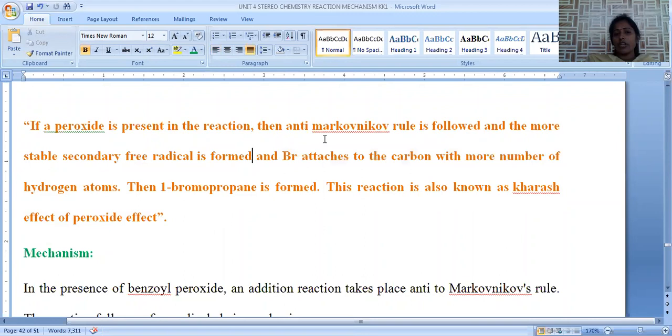In Markovnikov, H plus attaches to the carbon having more hydrogens, but in anti-Markovnikov, bromine attaches to the carbon having more hydrogen atoms. The anti-Markovnikov rule gives 1-bromopropane as the major product, and the reaction is carried out in the presence of peroxide, and the total mechanism proceeds with free radicals only. This effect is also called the Kharasch effect, where the secondary free radical is more stable compared to the primary free radical.